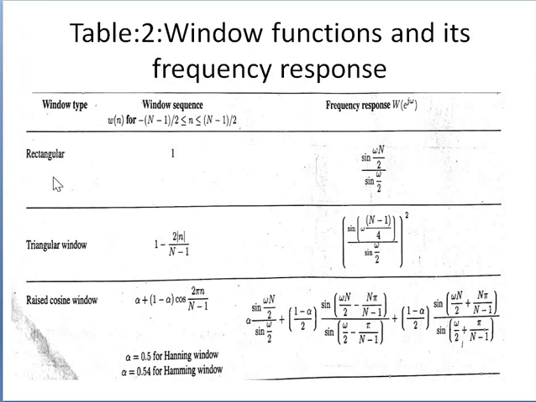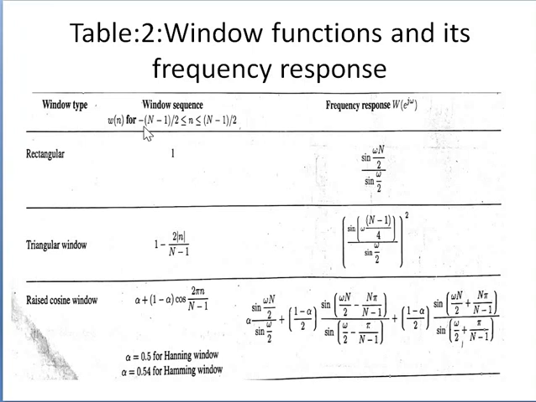For the rectangular window, the window sequence is W of n equal to 1 for the range minus (N minus 1) by 2 to (N minus 1) by 2. The range is capital N, so we may take it like this, 0 to N minus 1.